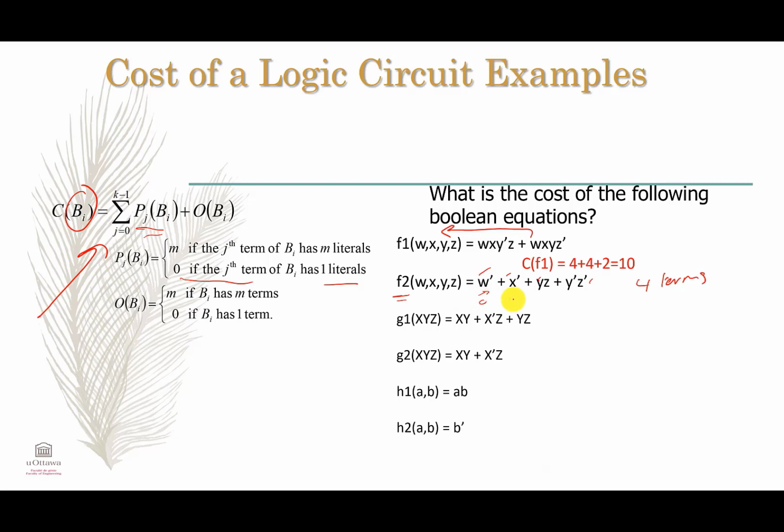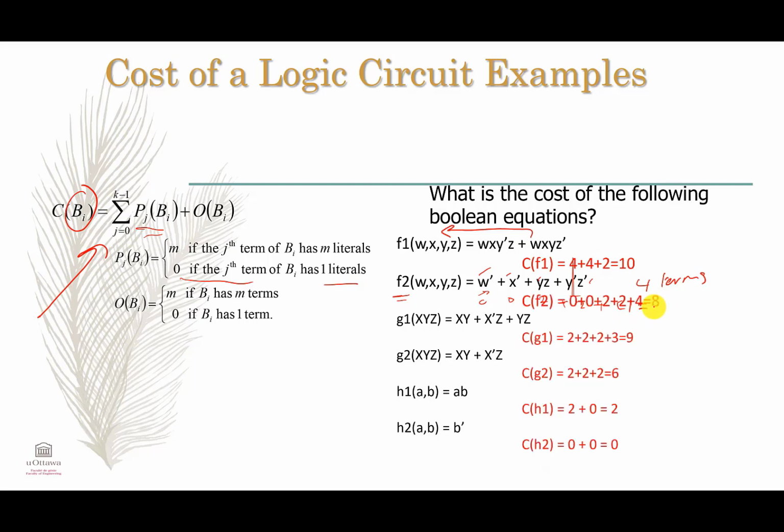And the cost to implement the second term will be equal to 0. This term unfortunately has 2 literals. As such, the cost to implement it will be 2. And the cost to implement this one will be 2 again. Therefore, we have 4 terms, and the cost to implement this will be equal to 8.